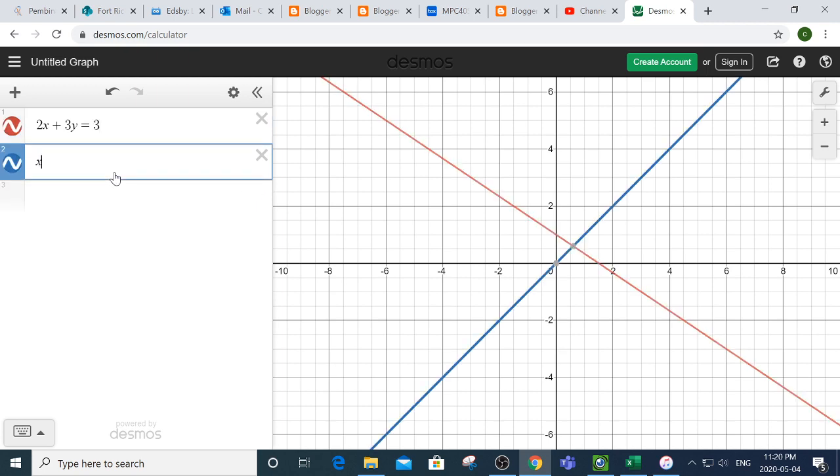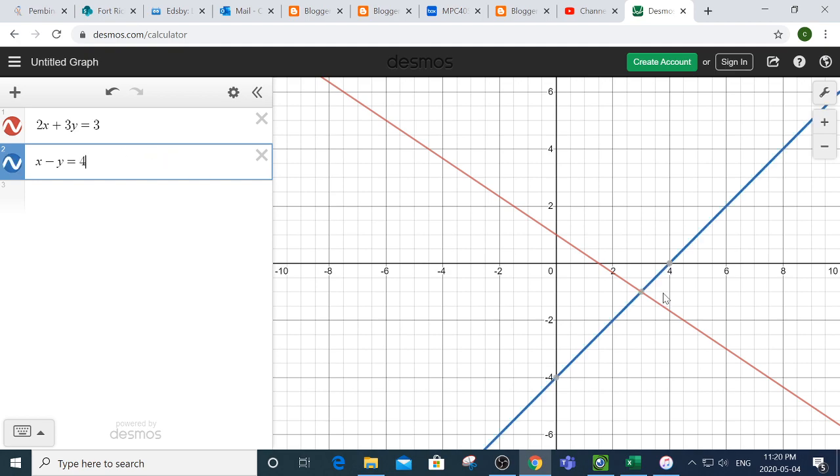And if I type in x minus y equals 4, there we go. I get that line. And as you can see, I just even have to hover on it, and yep, it is the point 3, negative 1. So let me go back to my work here.